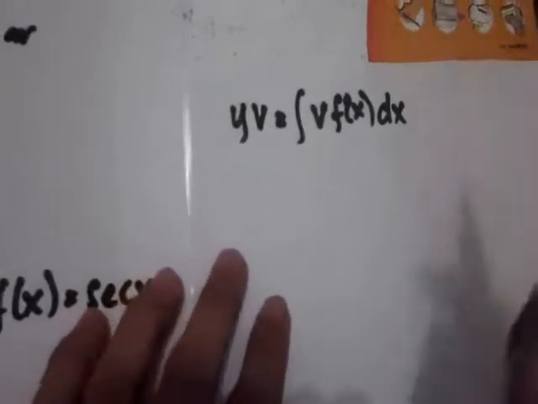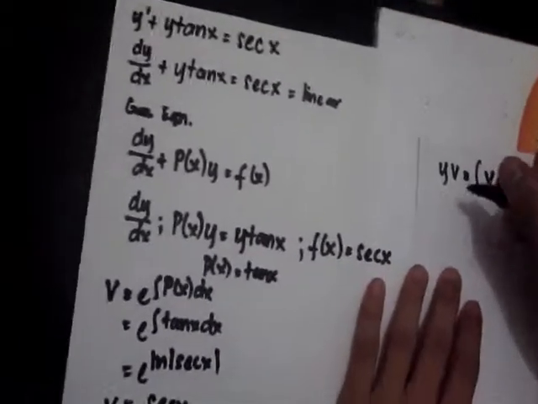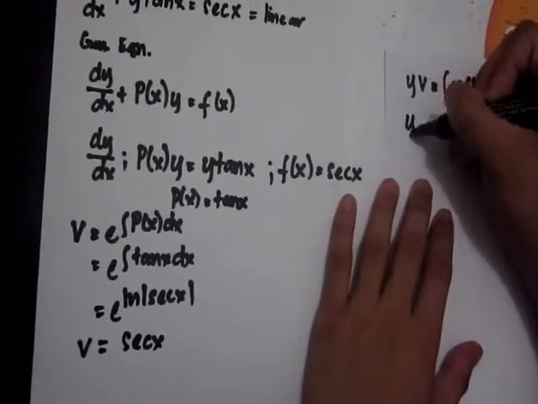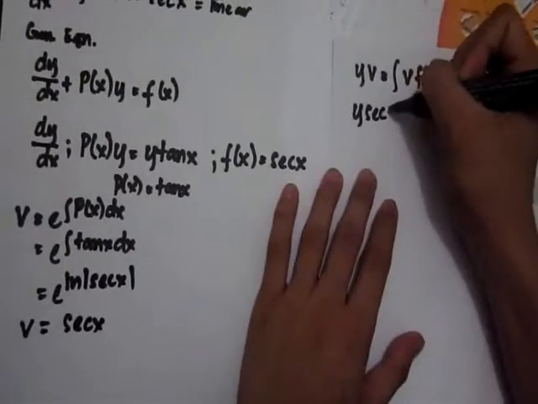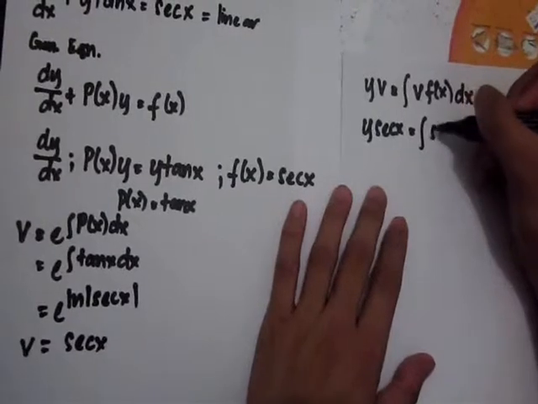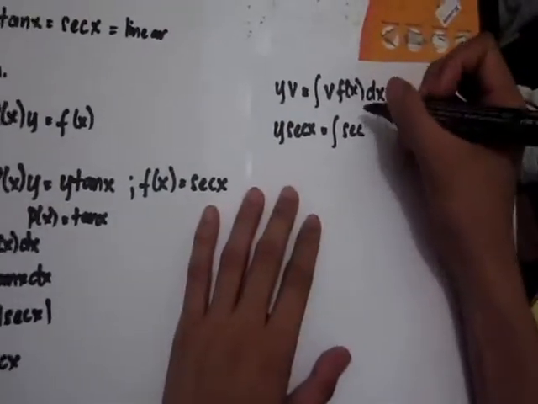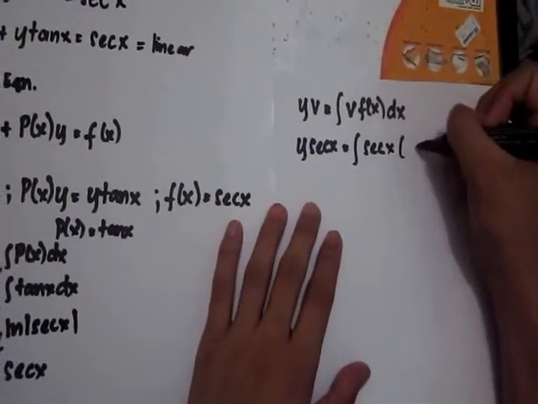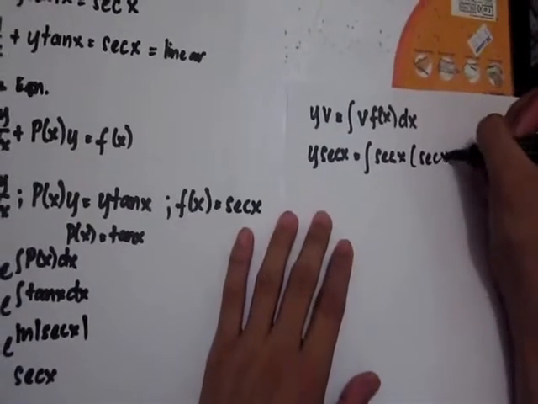and then substituting the integrating factor, we get y times secant of x equals the integral of secant of x times secant of x.